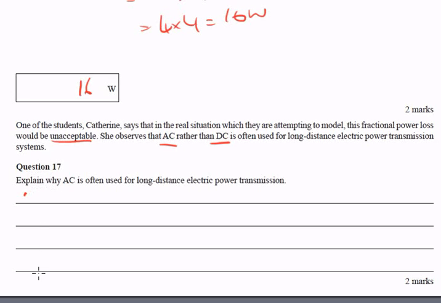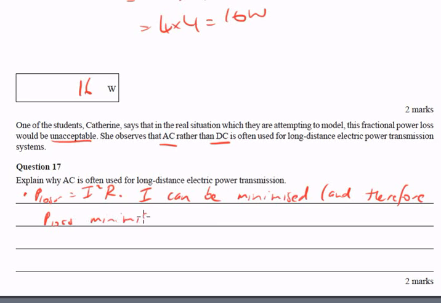So let's see if we can get this in here, my explanation. P loss equals I squared R. I can be minimised, and therefore power loss minimised, if V is large.